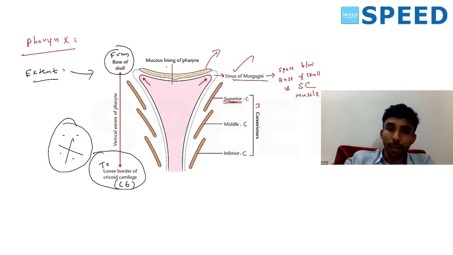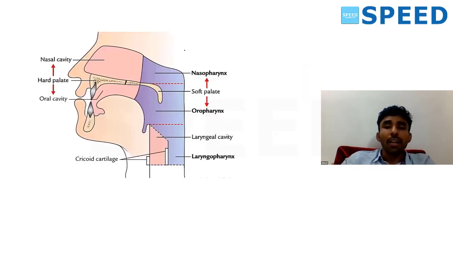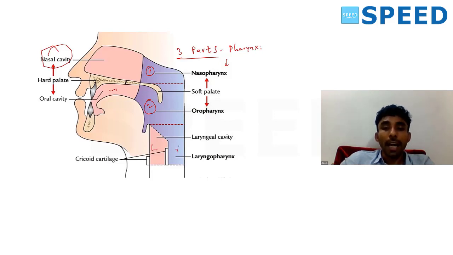Now you should know the 3 parts or 3 subdivisions of the pharynx. According to the location, behind the nose we have the nasopharynx, behind the oral cavity we have the oropharynx, and behind the larynx, we have the laryngopharynx.